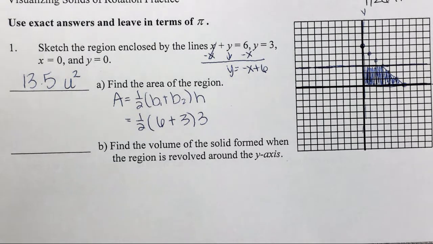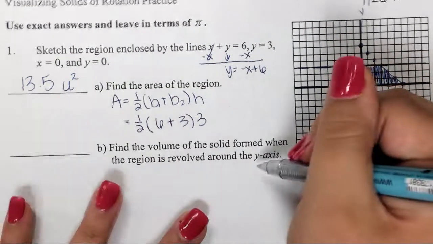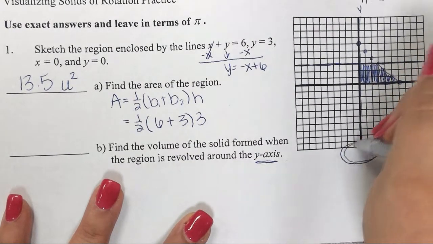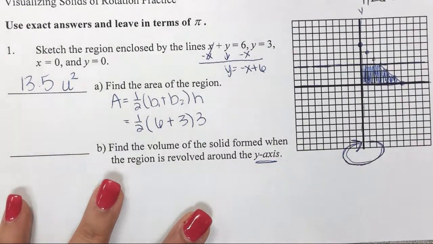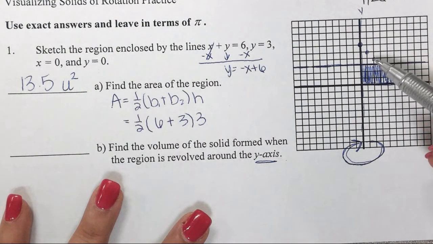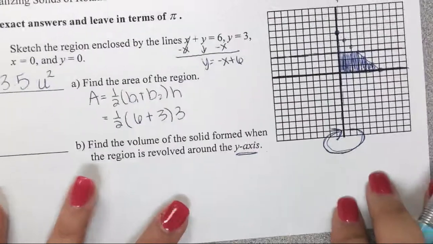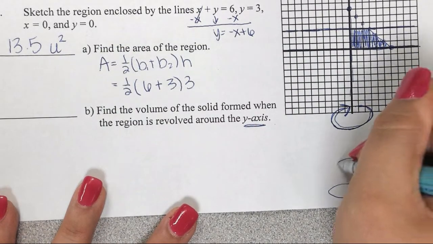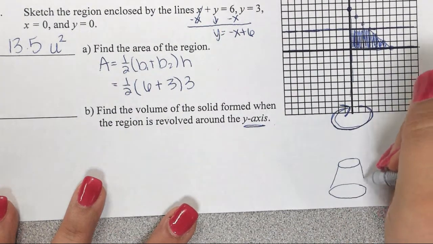Next, here is where I do want you to look up. I'll give you a chance to copy it down at the end. I'm going to teach this all, and then I'll give you a chance to copy it down. It says, find the volume of the solid formed when the region is revolved around the y-axis. So the y-axis is right here, and if this is rotating around the y-axis, it is going to create a cone, but because it doesn't have this top part, it's going to create a cone with the top chopped off.